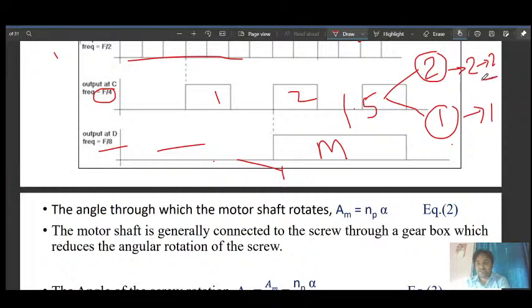So as you can see, there is a difference between this case and this case, and that will lead to some deviation in the positioning system of the table.